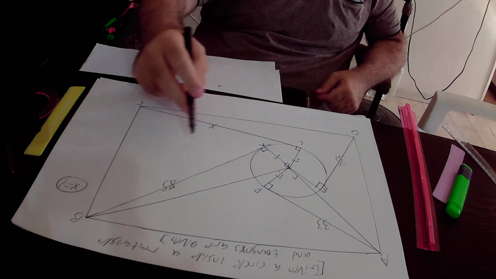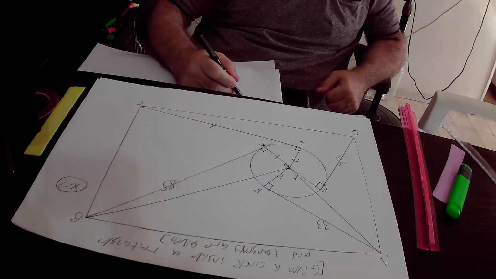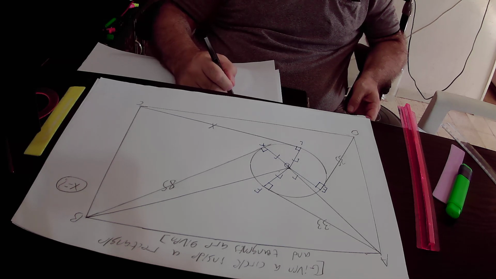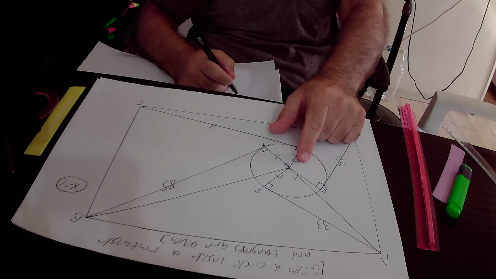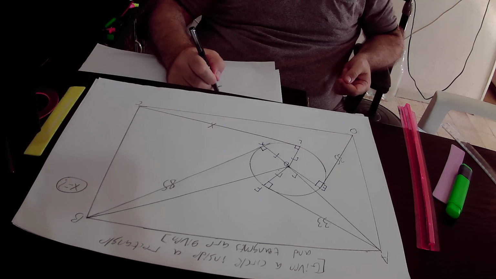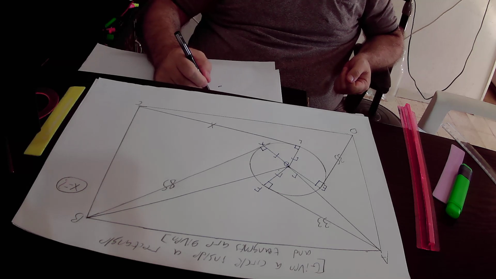BT equals 85 units, therefore BT squared is 85 squared plus TO squared. TO equals R, therefore TO squared is R squared, which is equal to BO squared.